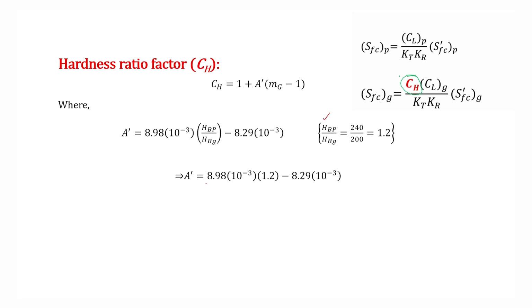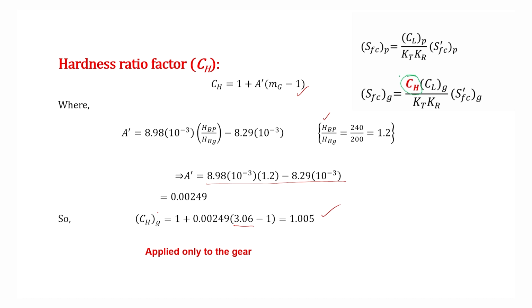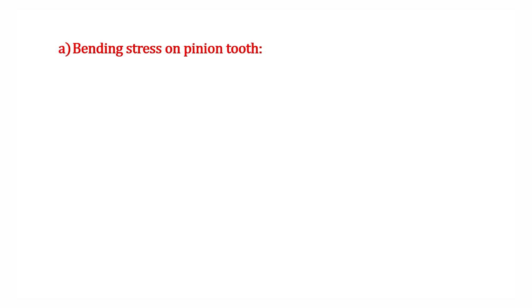So, A dash is given by this equation. Substituting the value of HB of the pinion divided by HB of the gear, we get A dash. Substituting A dash, we get the CH for the gear in this equation. The gear ratio mg is 3.06, and so this is the hardness correction factor. This is applied only to the gear.